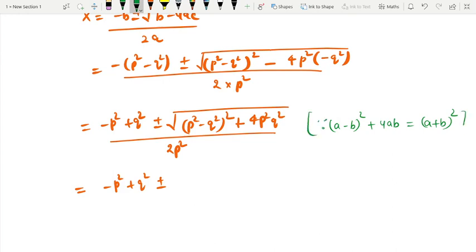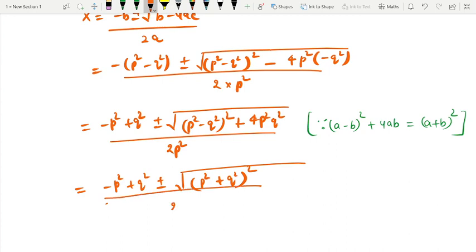If you know that formula, then we can use it here to rewrite this as under root p square plus q square whole square. So now divide by 2 p square.